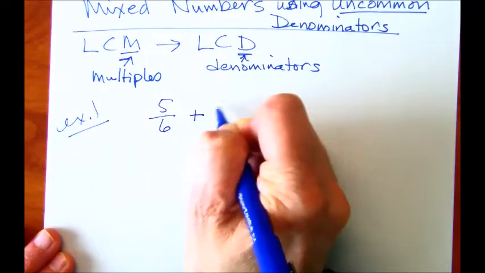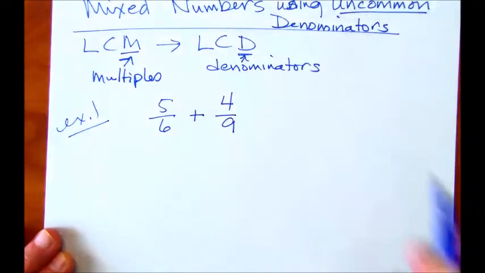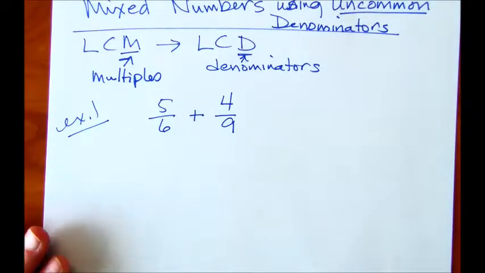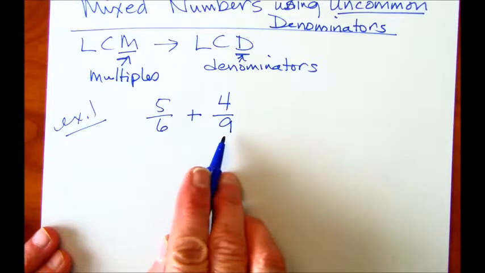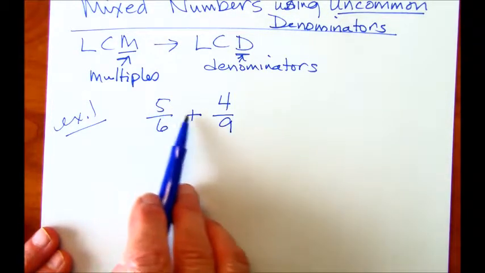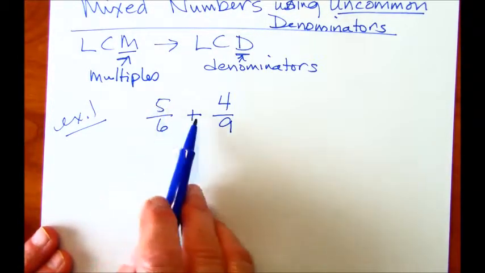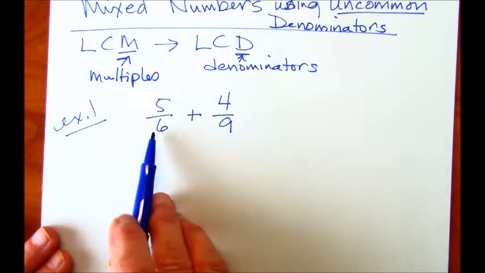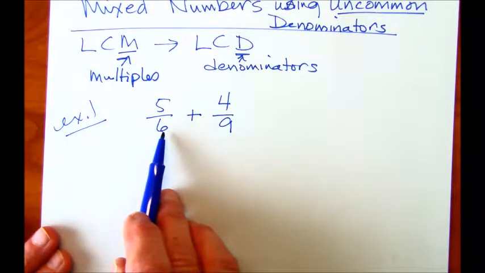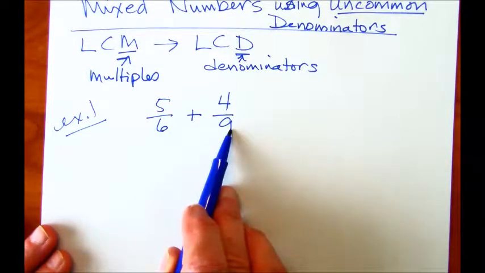Okay, so the first example, we've got 5/6 plus 4/9. Now, because these denominators are not the same, the numerators cannot do the operation. We can't just say 5 plus 4. The issue is that these are broken up differently when compared to the 4/9.